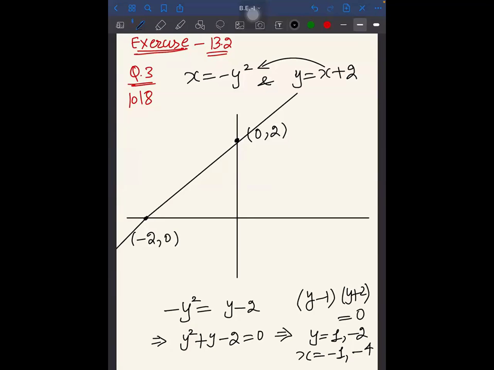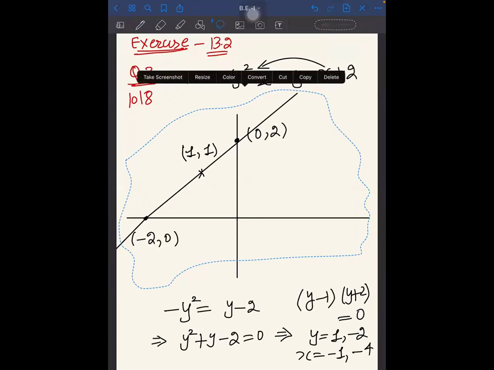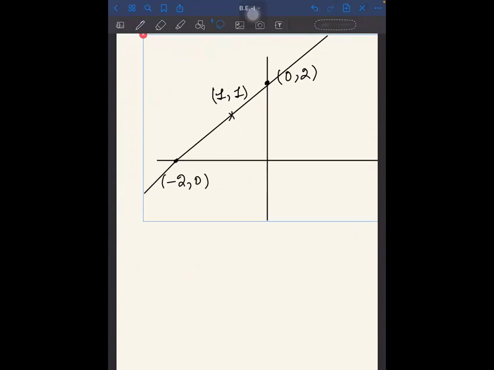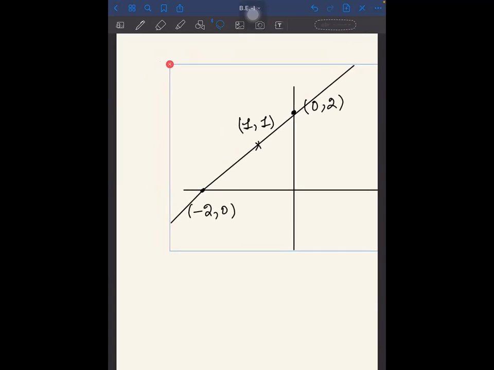Okay, is it clear? So the points are (-1, 1) and the next point is (-4, -2). I need to construct it again. Suppose we write it over here.